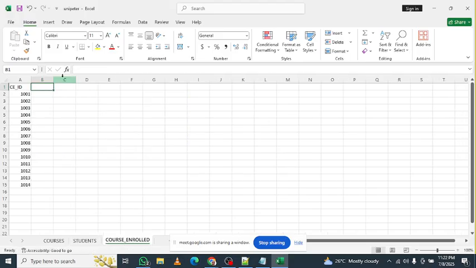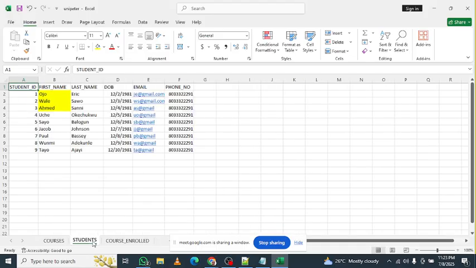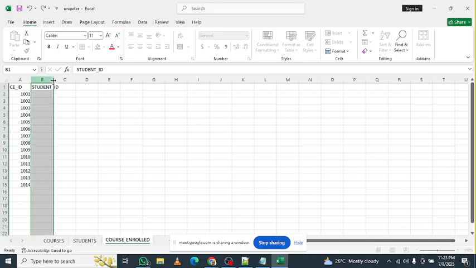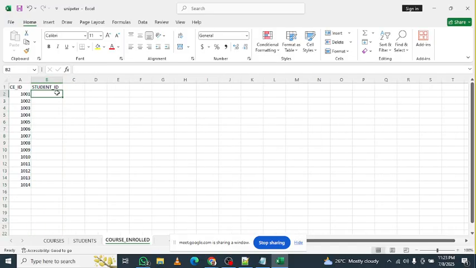That's what I will have here. Okay, let me type it. Student underscore ID. Who is that student? Ojo. Ojo is ID 1, right? Then course ID. You enroll for a course ID.